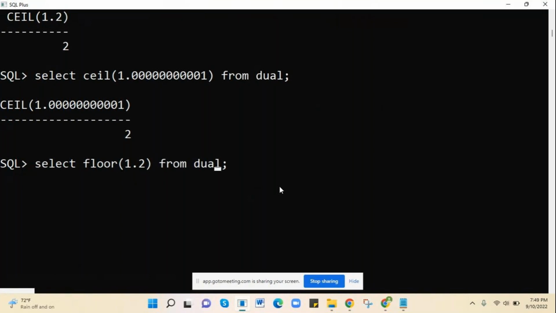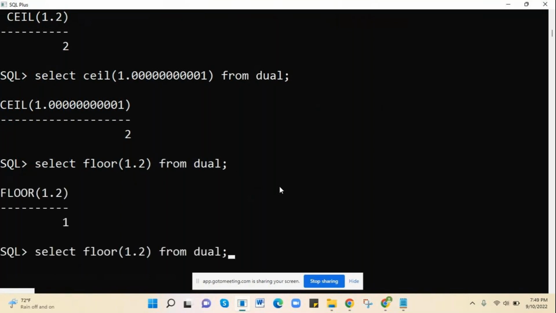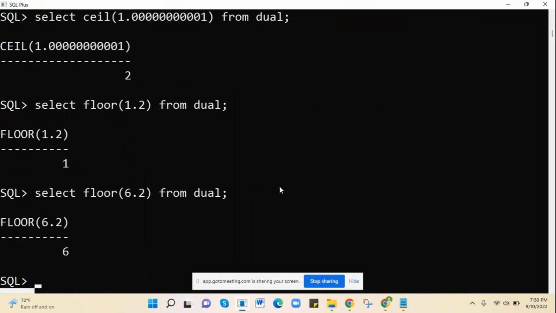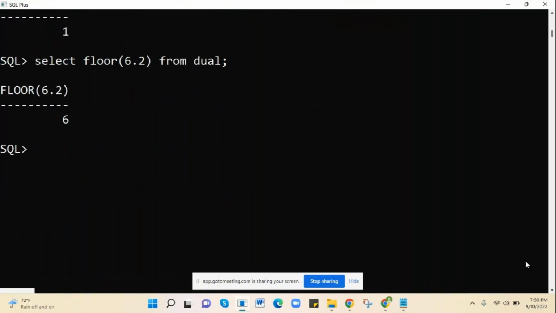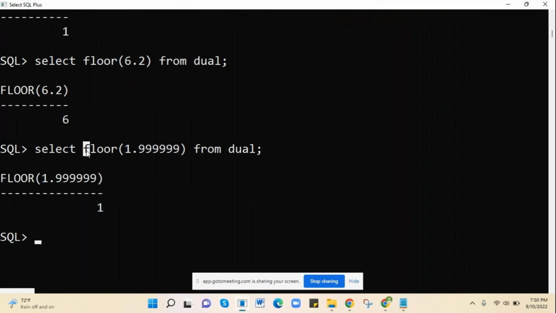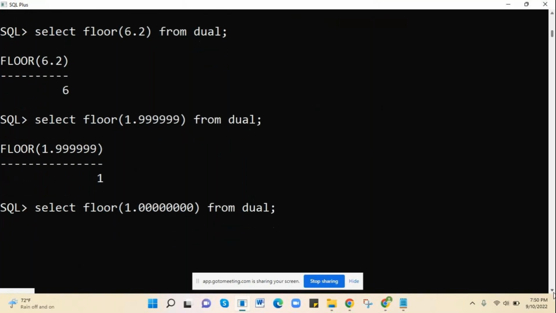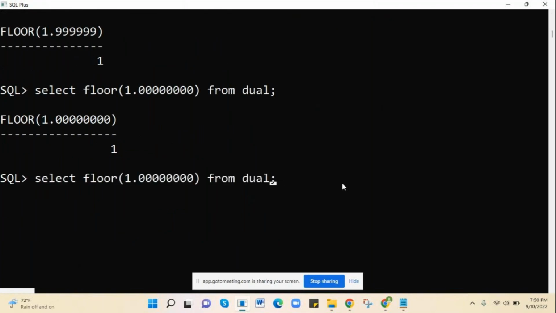ఫ్లోర్. 1 వస్తుంది. 6.2 ఇప్పుడు ఏమొస్తుంది, 6 వస్తుంది. ఫ్లోర్ 1.9999. 2 రాదు, 1 వస్తుంది. ఇట్ ఈస్ నాట్ రౌండ్, ఇట్ ఈస్ నాట్ ట్రంకేట్, ఇట్ ఈస్ ఎ ఫ్లోర్. 1.99 కి ఏమొస్తుందమ్మా, 1 వస్తుంది. ఇంకోటి, 1.00000 అన్నాం అనుకోండి, అప్పుడు ఏమొస్తుంది, 1 వస్తుంది.